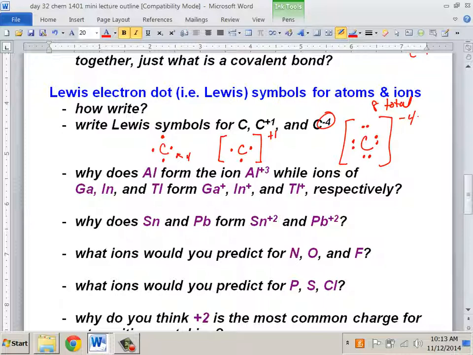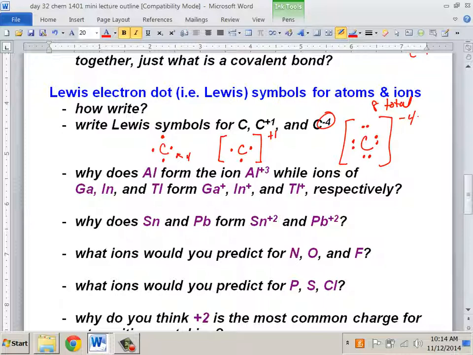Why does aluminum form Al+3? Right, here's aluminum. I think there's 2 hints.